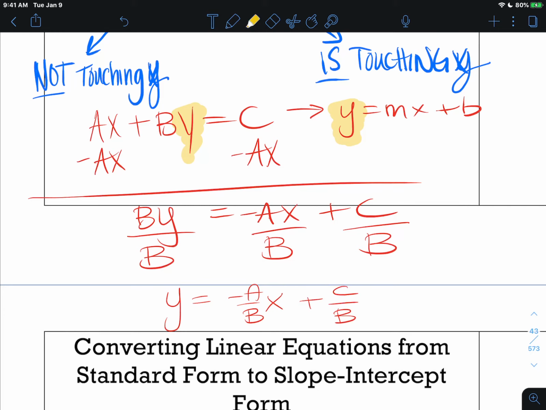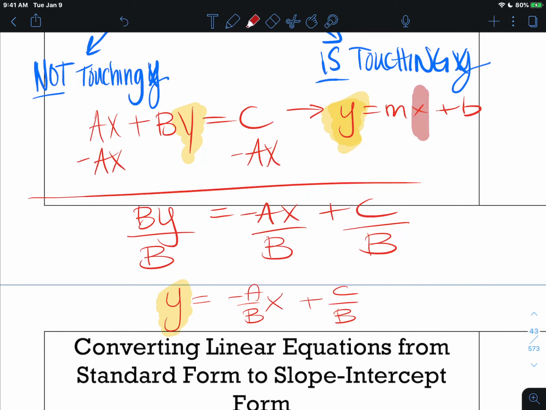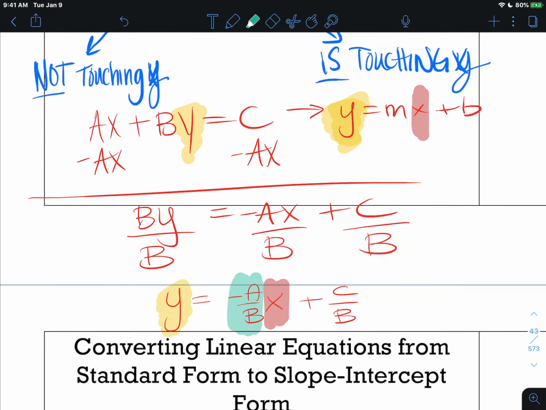Now, the interesting thing is that matches my y up here, right? Here's my x. Here is my slope. And my small b, my y-intercept, is totally different than big B down here. Okay?